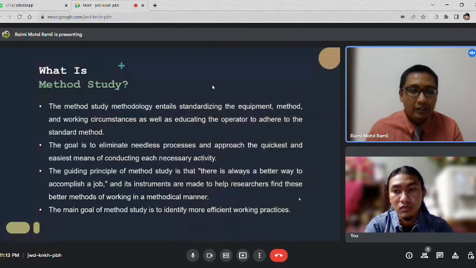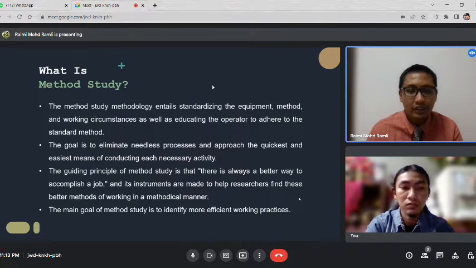Method study. What is method study? The method study methodology entails standardizing the equipment, method and working circumstance, as well as educating the operator to adhere to the standard method. The goal is to eliminate needless processes and approach the quickest and easiest means of conducting each necessary activity.